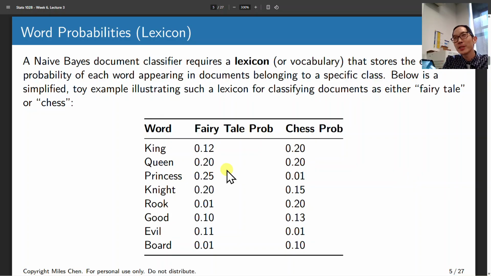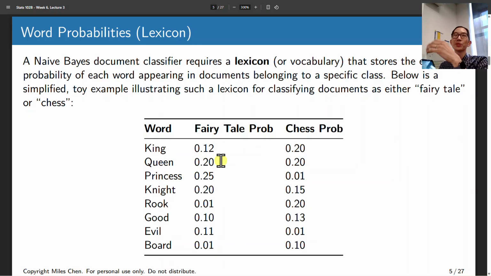A real lexicon probably has 10,000, 20,000, 50,000 unique words, which we might call tokens. It's almost the entire dictionary of the English language. Each word has a probability associated with it. If the document is about politics, then compared to the general baseline, the average with no classification, words like senator and Congress will have higher probabilities.